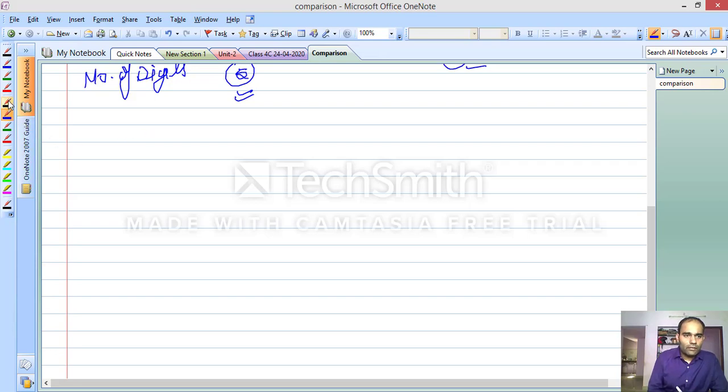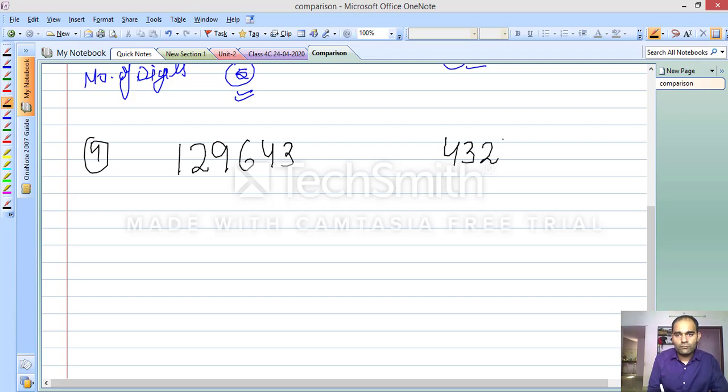This will be example number 4. Okay, what we will do is count the number of digits and decide which number is greater and which number is smaller.